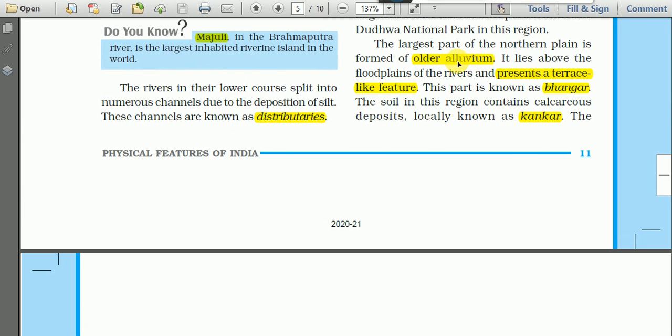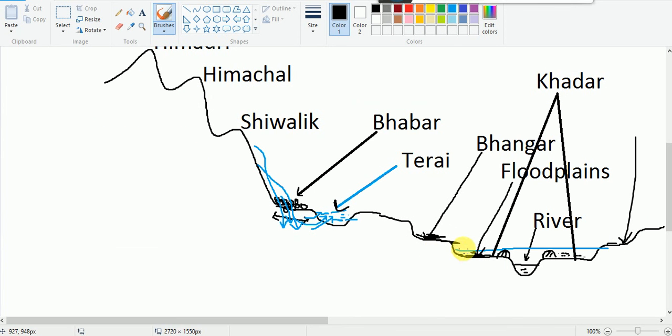Let's see here. This older alluvium known as bhangar lies above the floodplains of the river and presents a terrace-like feature, as you are seeing here. This is the floodplain, and just above the floodplain, bhangar is lying, forming a terrace-like feature. Terrace, you know, stair-like steps.